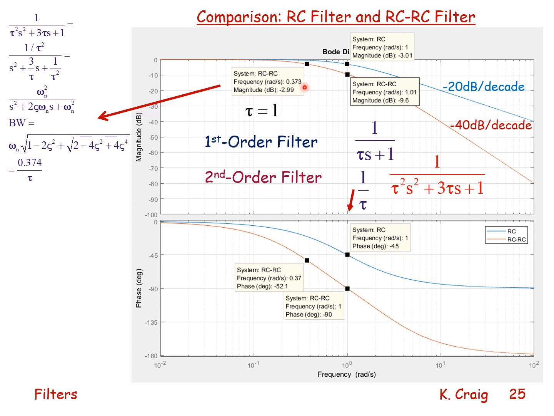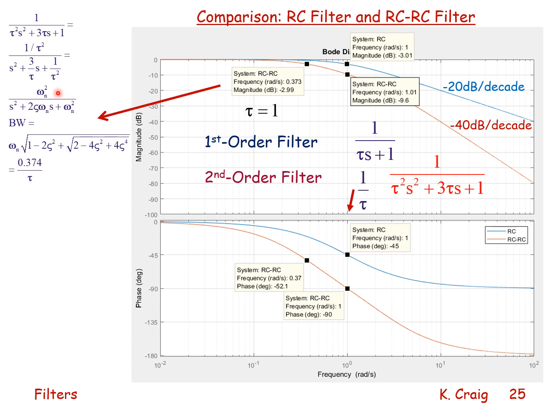Well, the way we can predict that is by taking this algebraic transfer function and rewriting it in a more standard form where the constant multiplying s squared is 1, and then comparing it to our general form, which is omega n squared over s squared plus 2 zeta omega n s plus omega n squared.